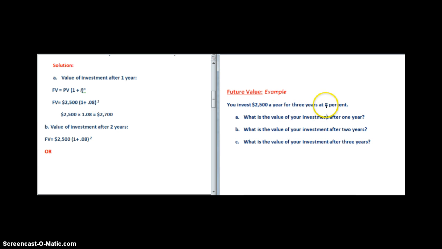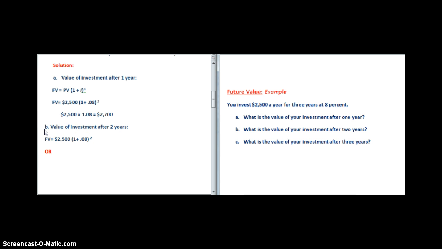The interest rate in the question is 8%. Now 8% is 0.08, and to the power n. N is the number of years, which in the A part of the question is 1 year. Therefore, $2,500 into 1.08 to the power 1 is 1.08 itself, and this will give you $2,700. Thus, the value of the investment of 2,500 after 1 year will be $2,700.